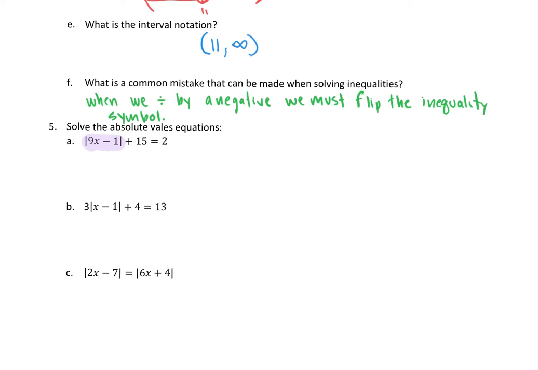We want to make sure that that 15 is over on the other side. So we have 9x minus 1, and I'm going to subtract the 15 to the other side. After I do this, this is probably the easiest problem on the test review because our absolute value cannot equal a negative. There's no solution.